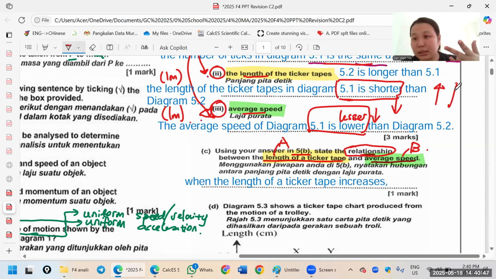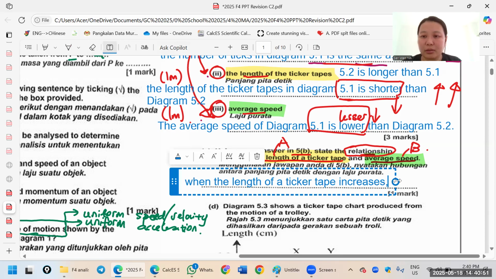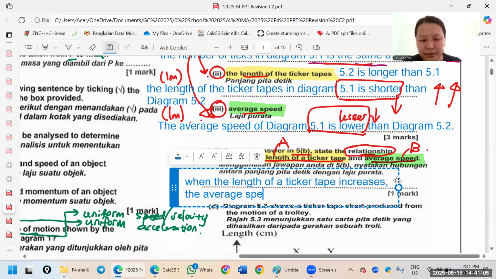If increase, okay. So for me, I like increases. You want to write decrease also can, no problem. Okay, when the length of ticker tape increases, the average speed increases. Like that lah.